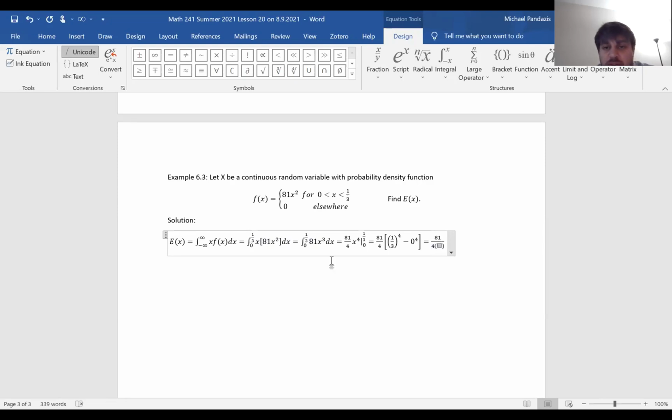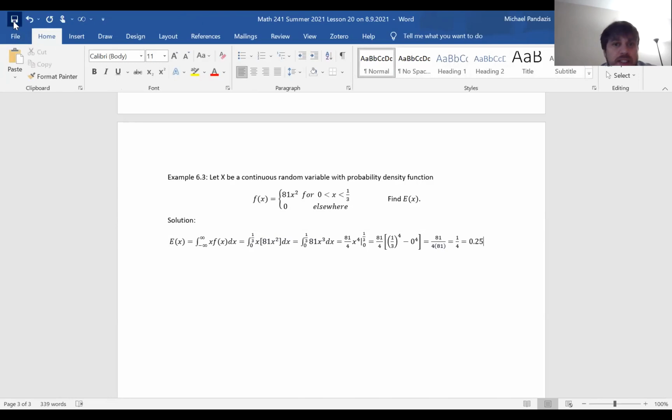And then you have 3 to the 4th, which is 81. 81's cancel, and you get 1/4, which is 0.25. Okay, and so that's the mathematical expectation for that continuous random variable.